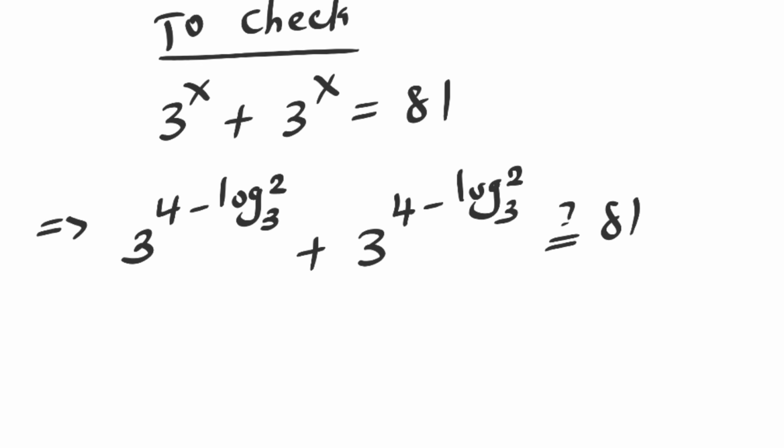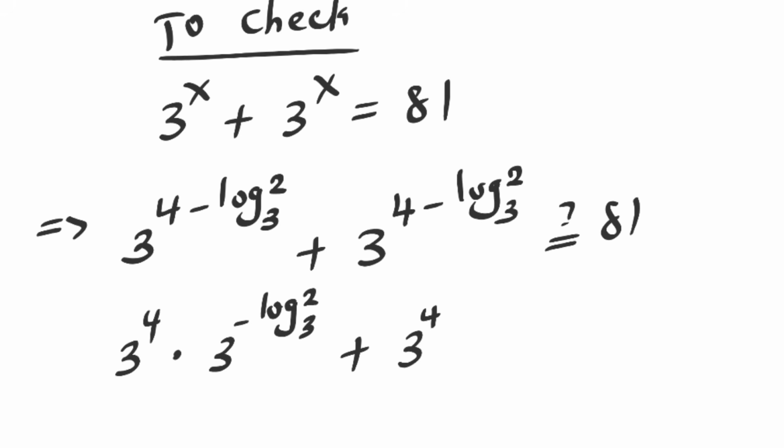Here we have 3 raised to power 4 multiplied by 3 raised to power minus log 2 base 3 plus 3 raised to power 4 multiplied by 3 raised to power minus log 2 base 3 must be equal to 81.